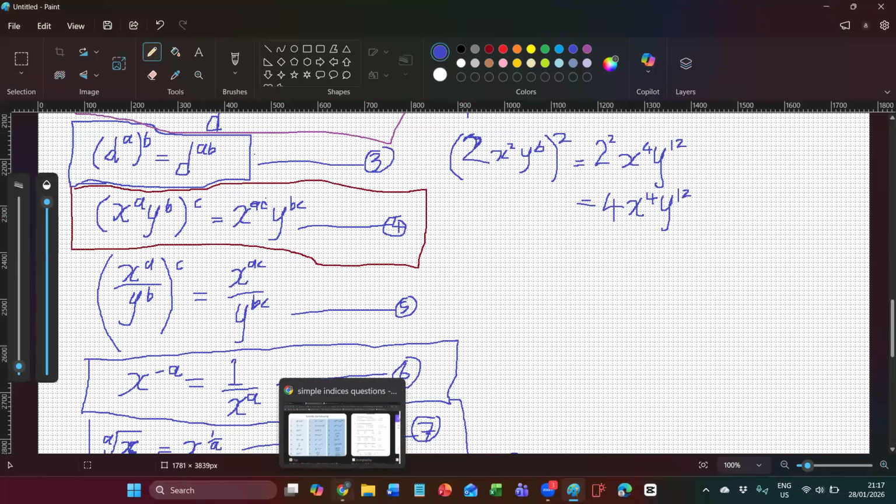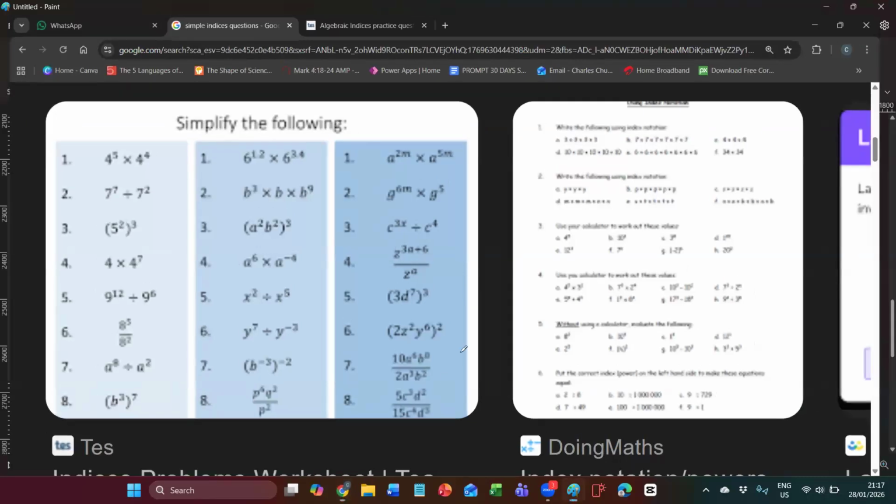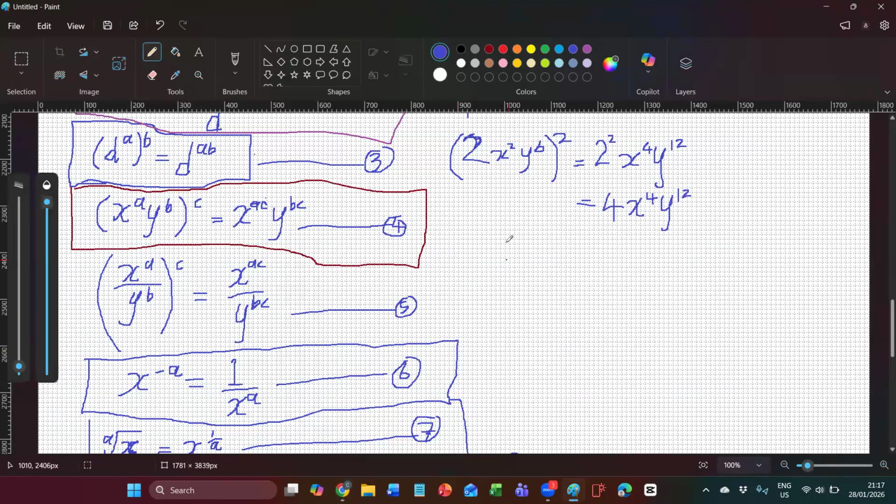I remember this because I saw something like that in number 7. Number 7 says 10a raised to the power of 5, and then I think that thing that is there looks like b raised to the power of 0, because that's how it looks to me.